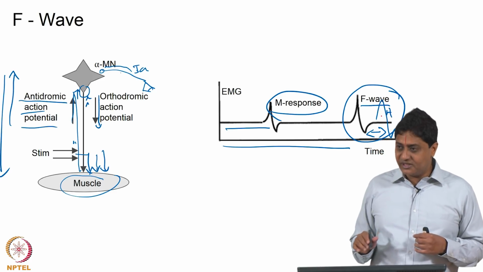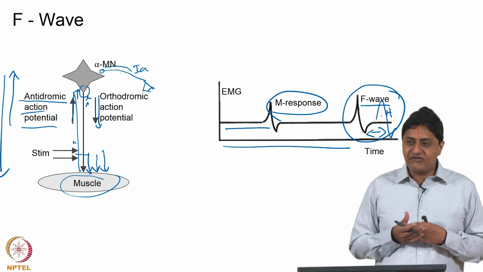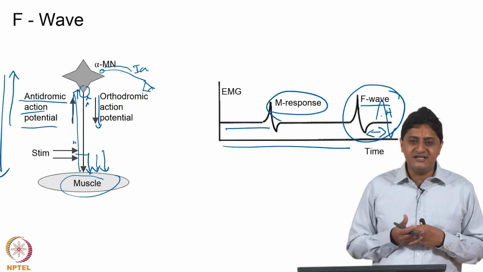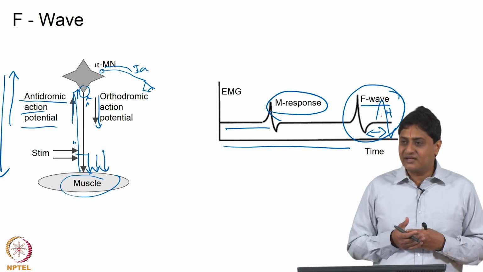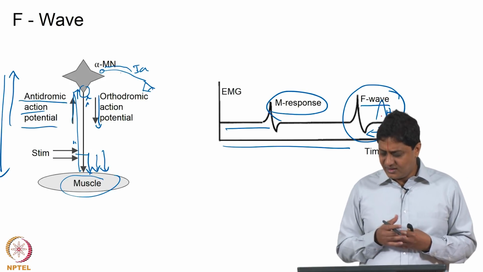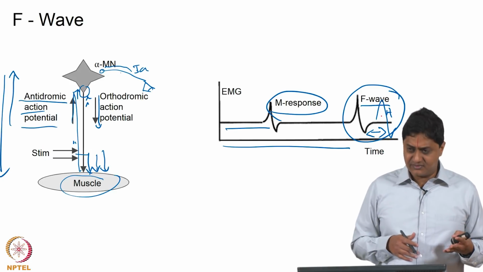In other words, the latency of the F wave is going to be slightly smaller than the H reflex latency. Of course, the M response latency will be much lesser.